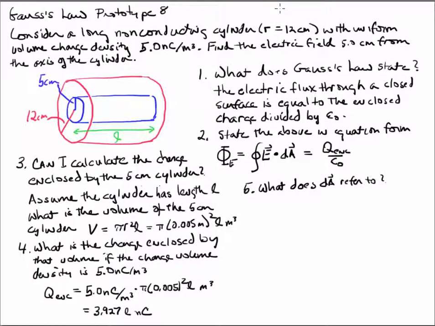Now in the integral, we've got the right-hand side. Now we want to get the left-hand side. So in the integral, what does dA refer to? Pause the video and think about it and answer the question. It's of course the surface of the cylinder. We're referring to a small piece on the surface of the cylinder.